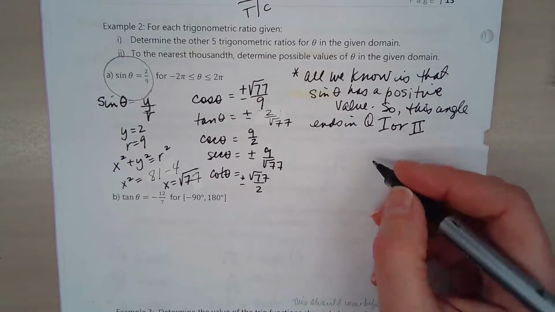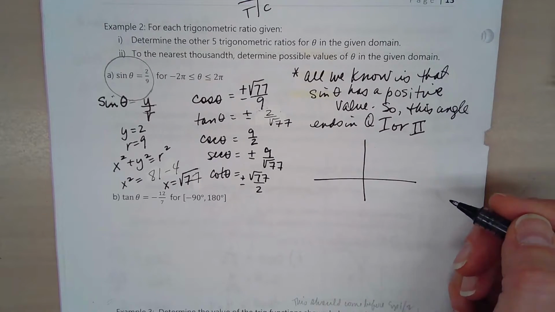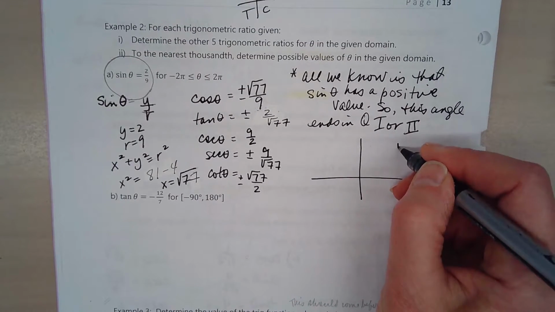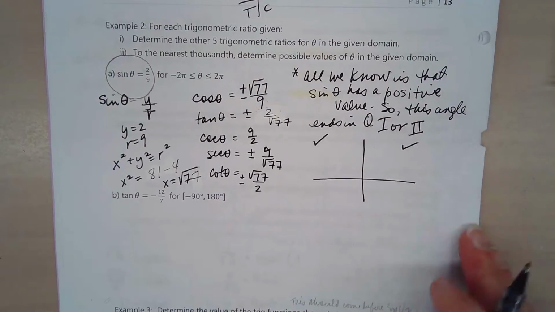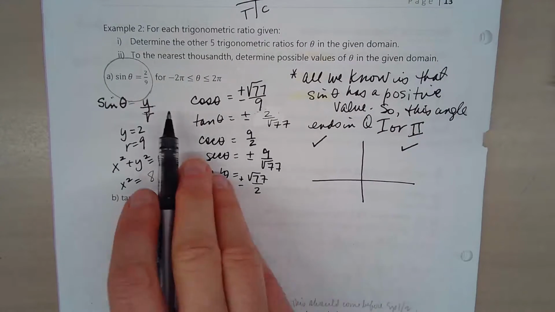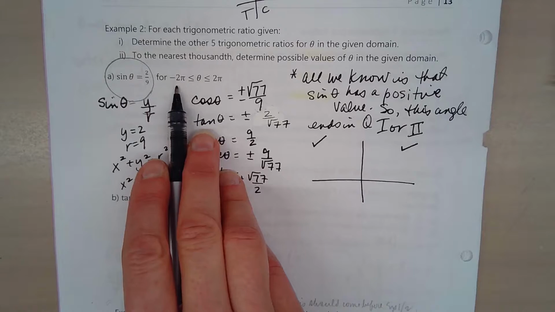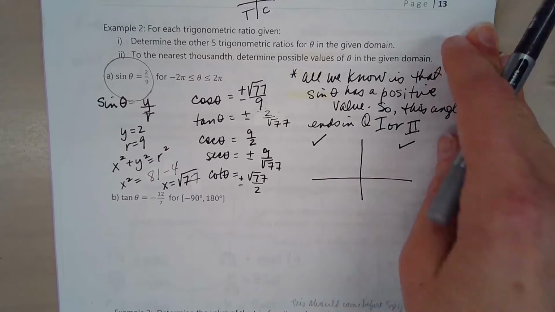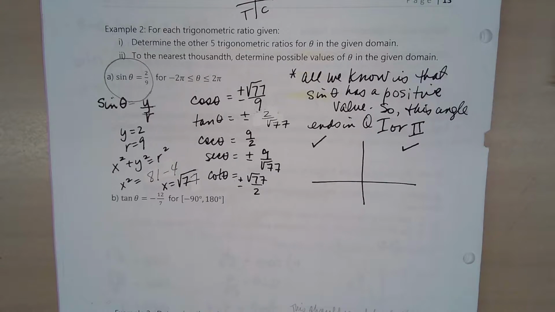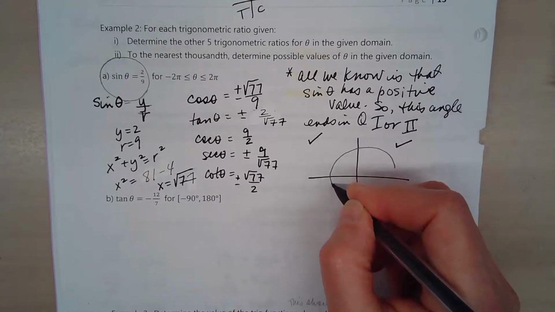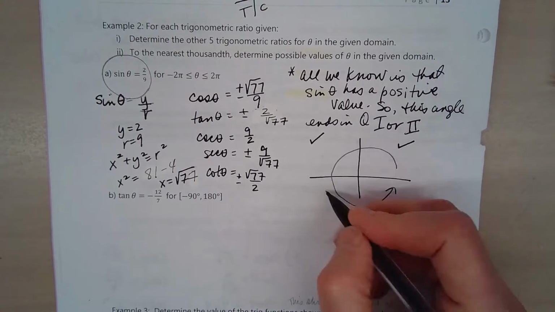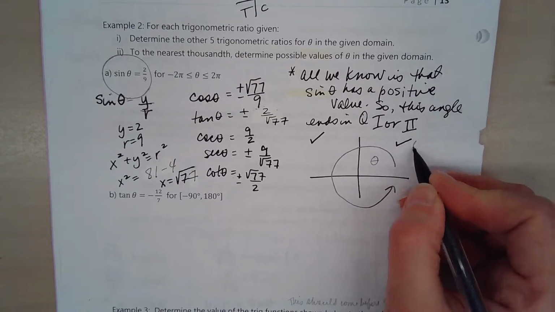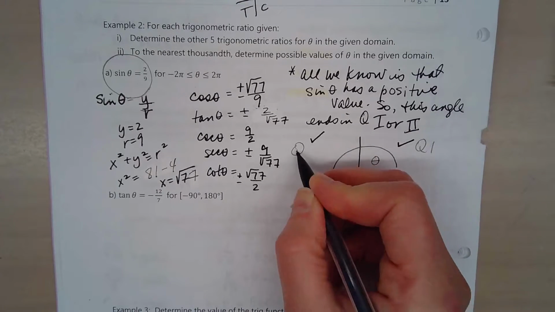Okay, and what about the angle measure? Again, because I don't know what angle they're referring to, it could be either in quadrant 1 or quadrant 2. So I want you to find the angle measures associated, and this is even trickier. It says from negative 2 pi to positive 2 pi. So that means we have to do a positive and a negative rotation. So let's do the positive rotation first, once around the circle. I want you to find me the angle associated with quadrant 1, and then the angle in quadrant 2.